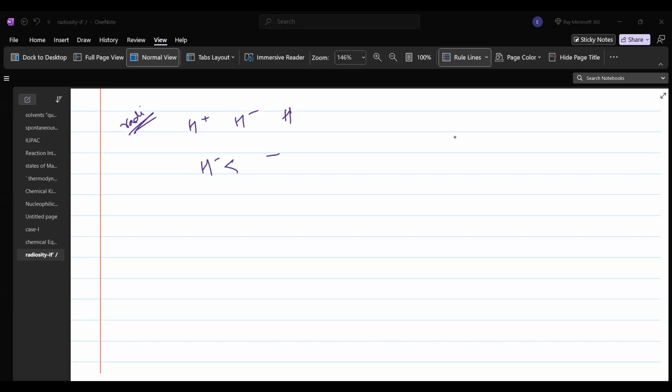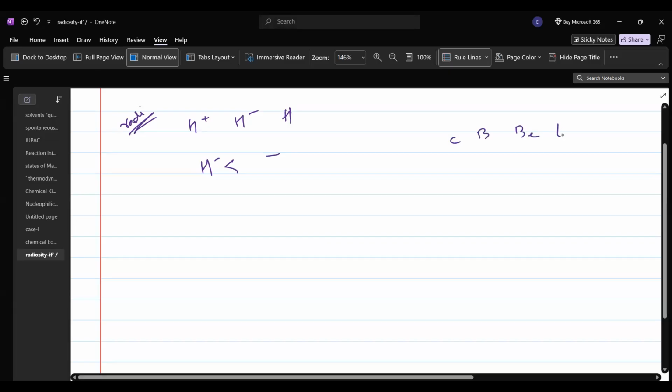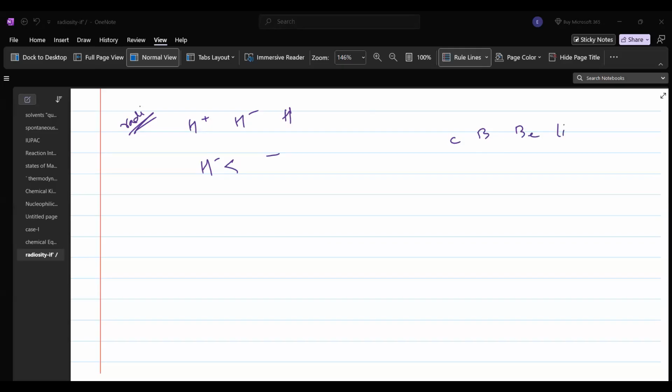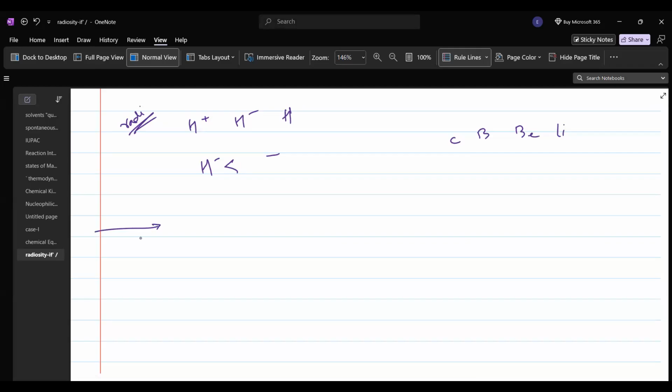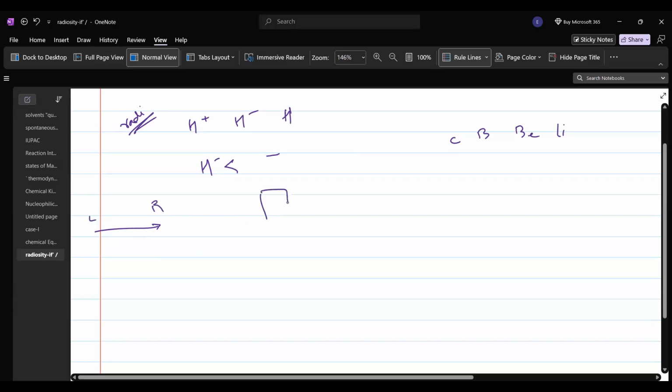You have done this also wrong. Calcium, boron, beryllium, and lithium. Size order. See, let me tell you. As we go toward the right of the periodic table, now start concentrating here. Jaslyn. Yes, sir. As we start going left to right in the periodic table, you understand? This is the periodic table.